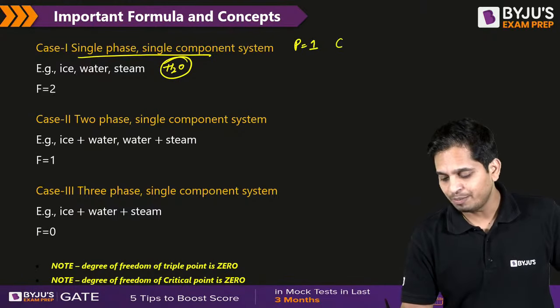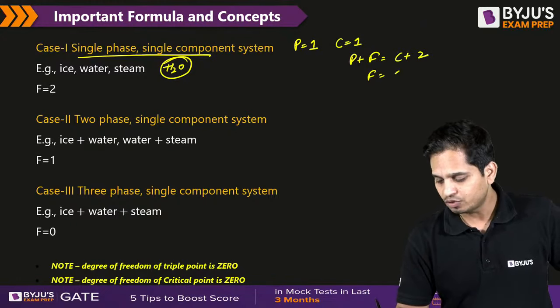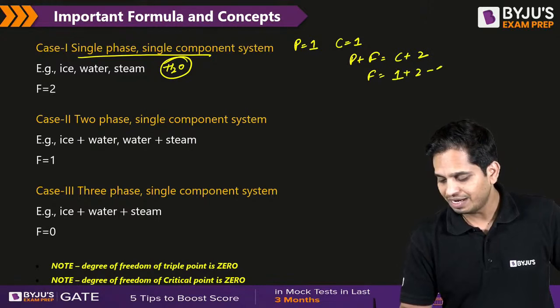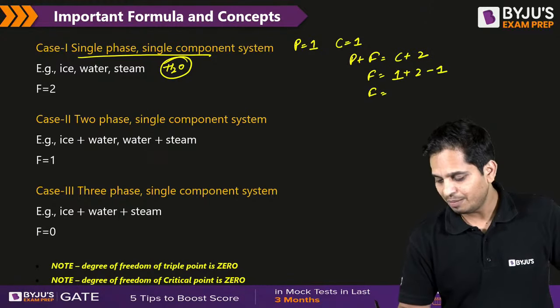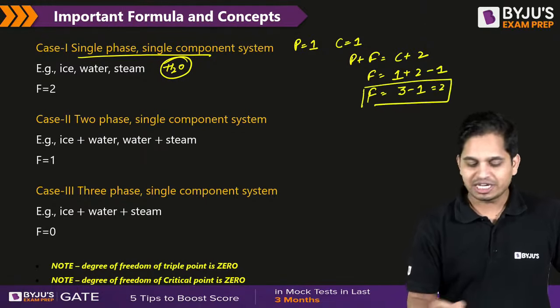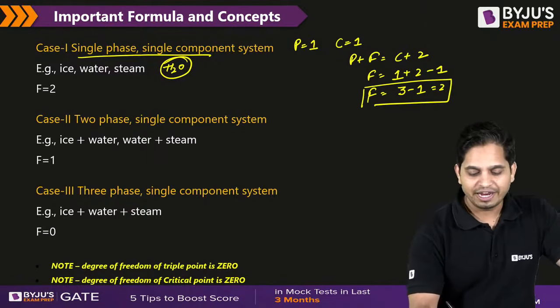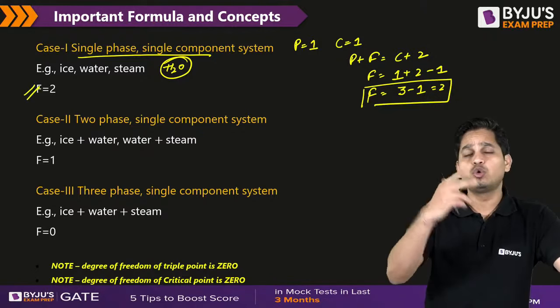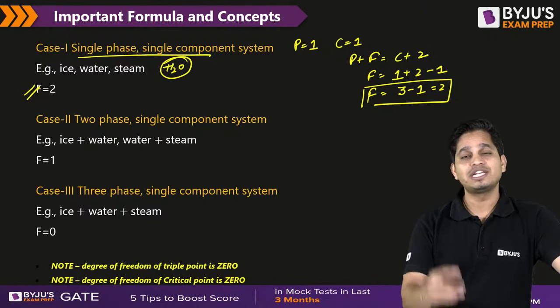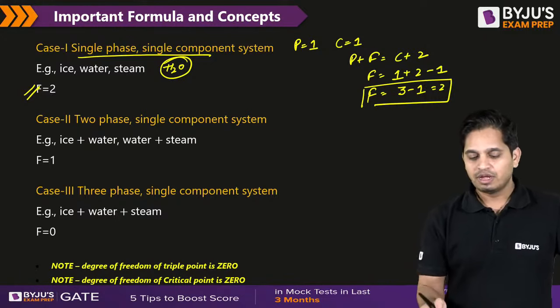And single component means C equals 1. So P plus F equals C plus 2. F equals 1 plus 2 minus 1. So 3 minus 1 is 2. So for a single phase, single component, degree of freedom is 2. I need to define 2 independent intensive properties to fix the state of the system.